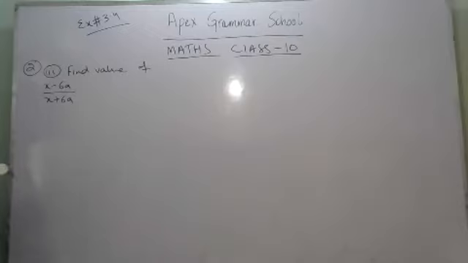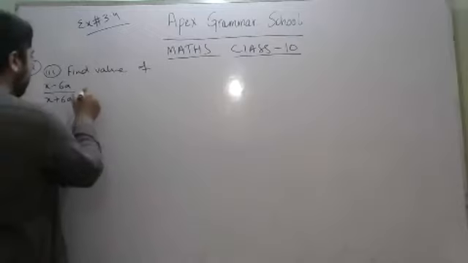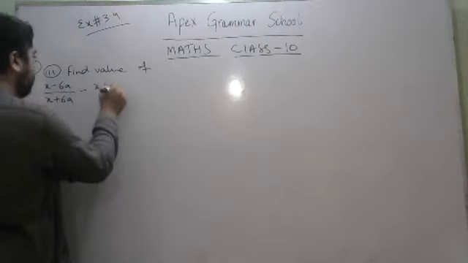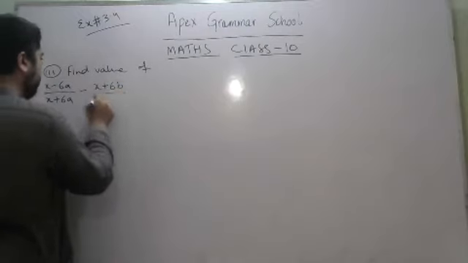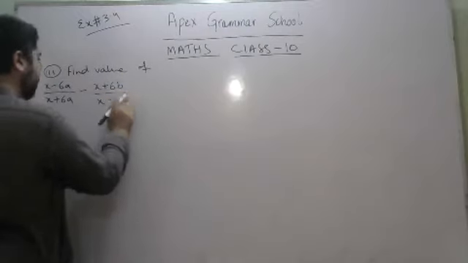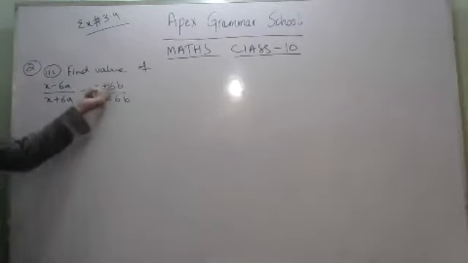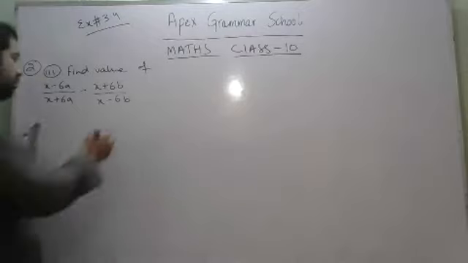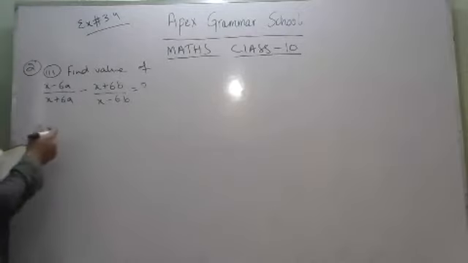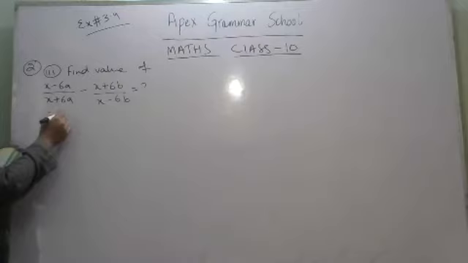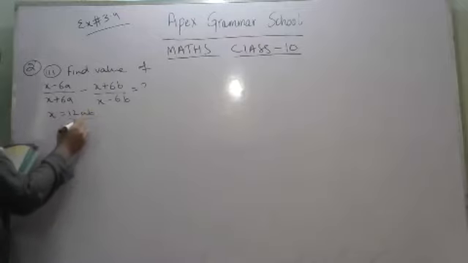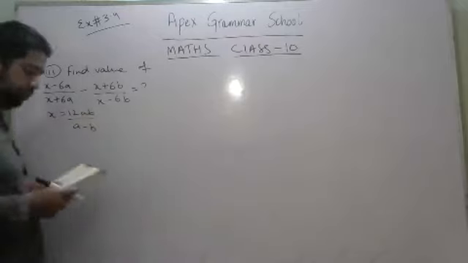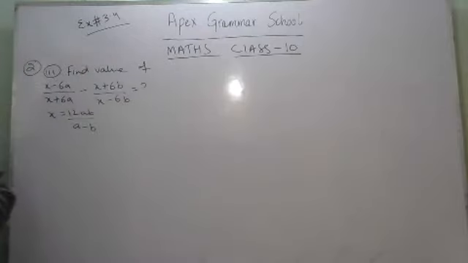This is also componendo and dividendo terminology. But here the positive operation will be on the numerator and negative on the denominator. We need to find the value of this. If x is equal to 12, maybe over here. Now you need to find the value of this.